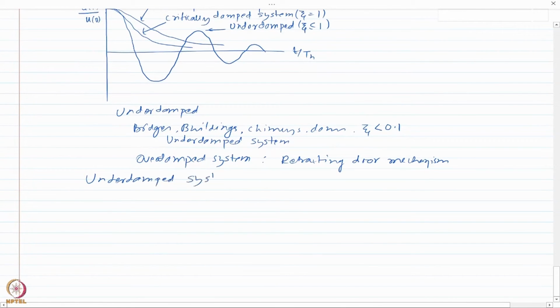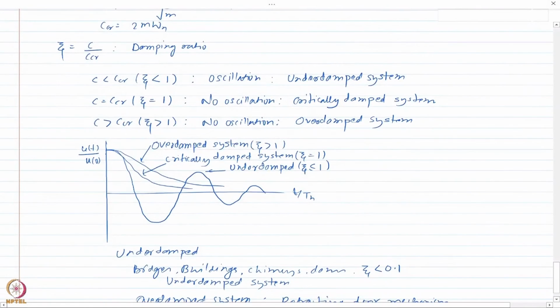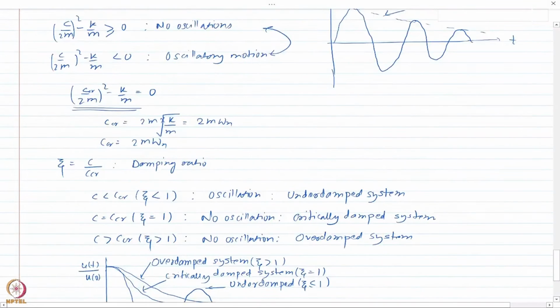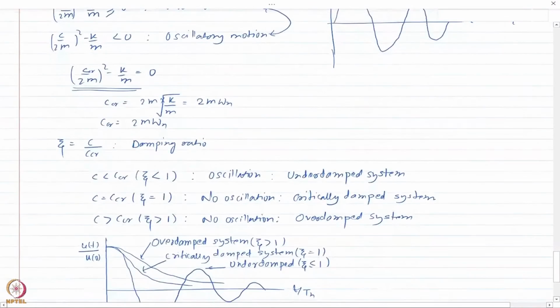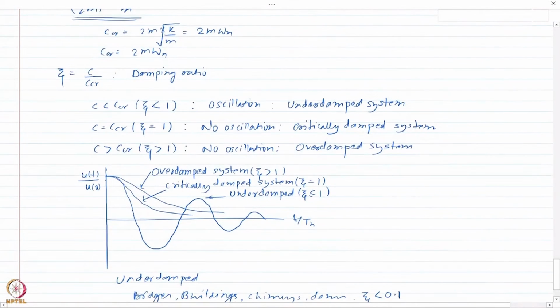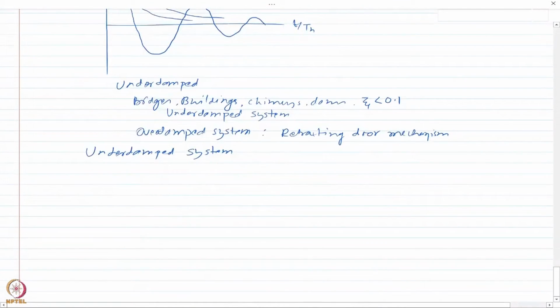Now, we had obtained here the solution for u of t. But you can see there are two unknown constants, c and d. So again the question becomes, how do I find these constants? And again I would utilize the initial conditions u0 and u dot of 0.